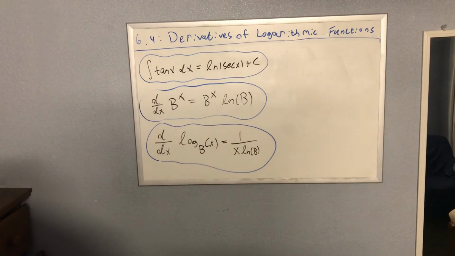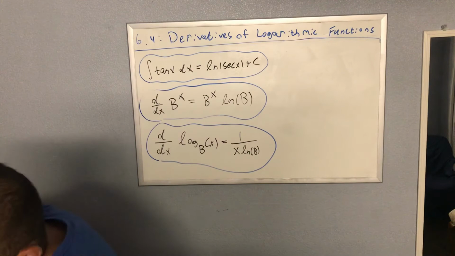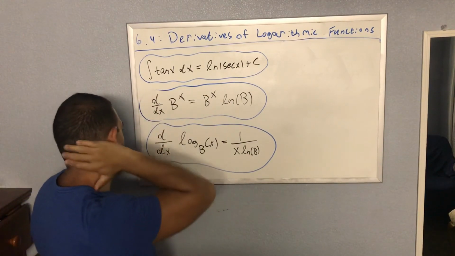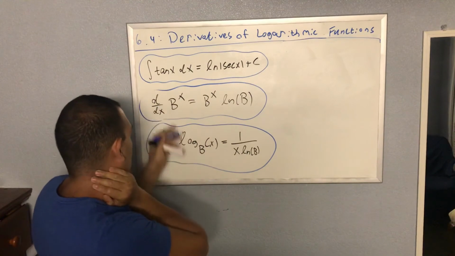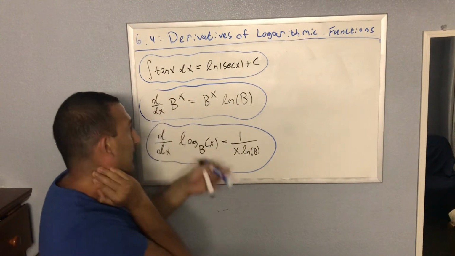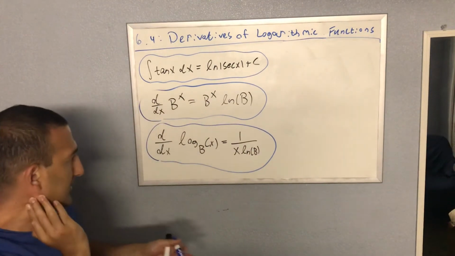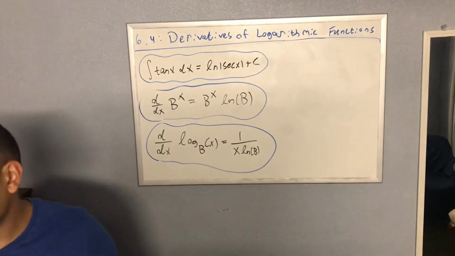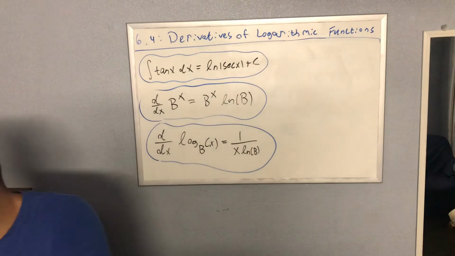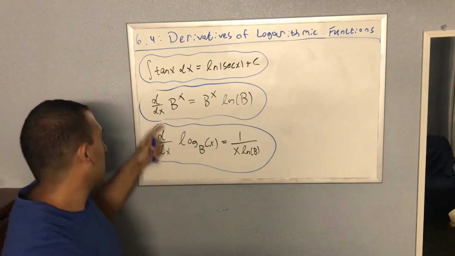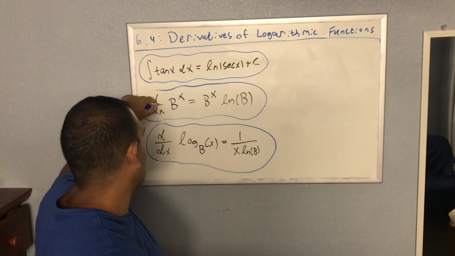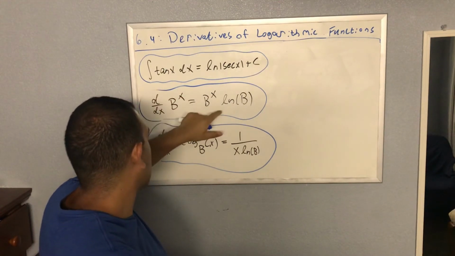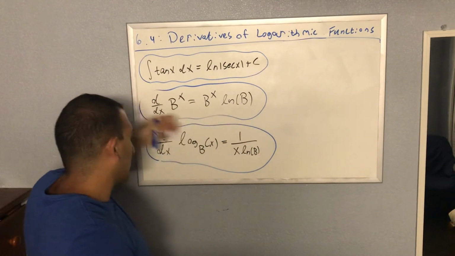Okay, and then last but not least, if we have these derivatives, can you get integrals out of this? And the answer is yes. It's the same idea: if you integrate both sides, it cancels out here, so you would just get this thing plus c, and then you would move it over.